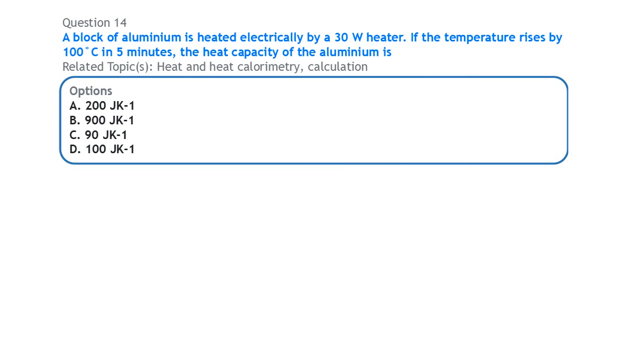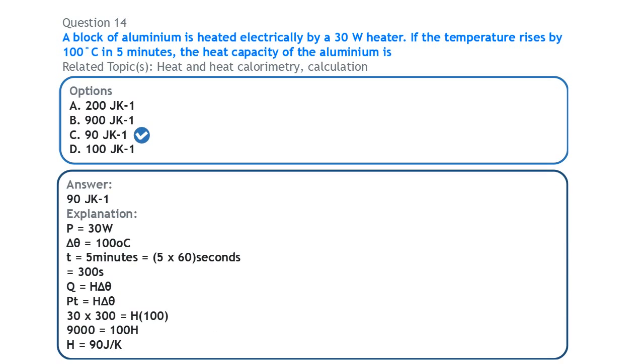Next, on heat calorimetry, a block of aluminum is heated electrically by a 30 watt heater. If the temperature rises by 100 degrees Celsius in 5 minutes, the heat capacity of the aluminum is... alright, the heat capacity is obtained from this formula here. In this formula we have Q is equal to H delta theta.